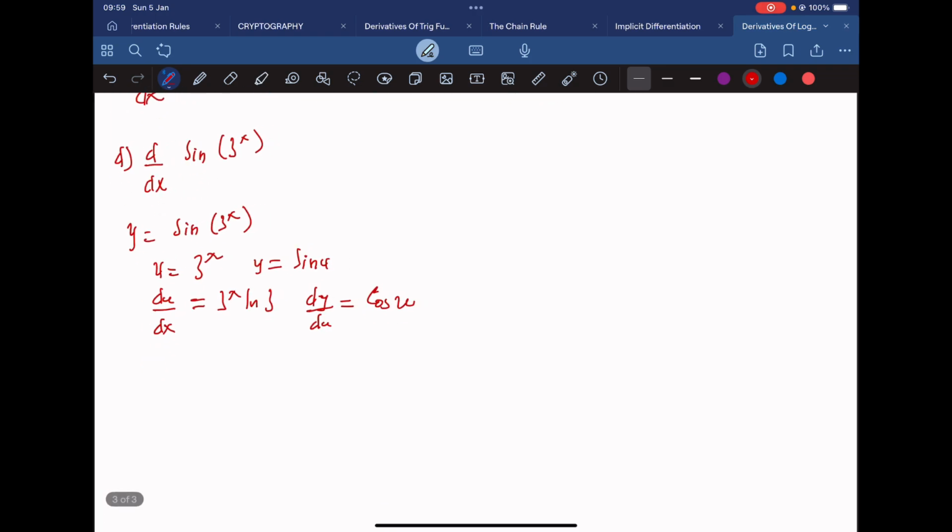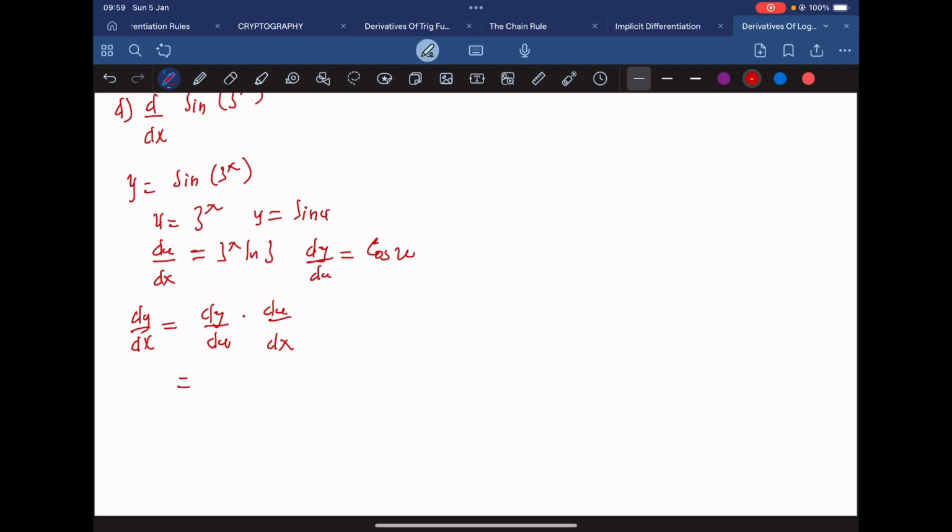So now from the chain rule, remember dy/dx is always equal to dy/du multiplying du/dx. In this case, our dy/du is cosine of u, and our du/dx is 3^x ln 3.